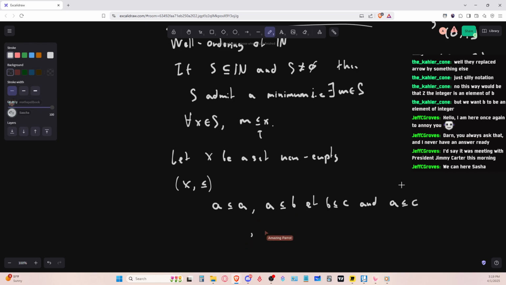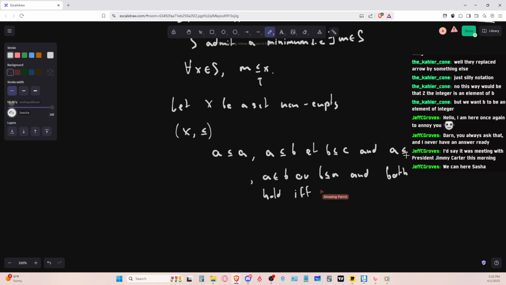Usually you want that either A is lower than B or B is less than A, and both hold if and only if A is equal to B. Something along those lines.